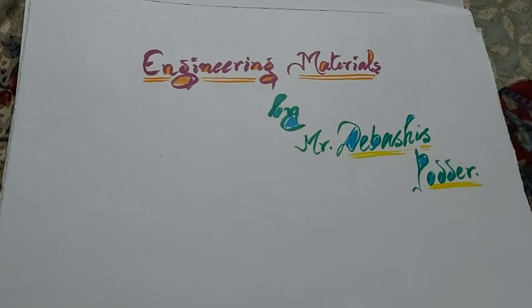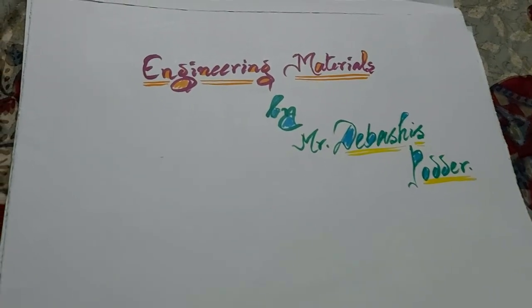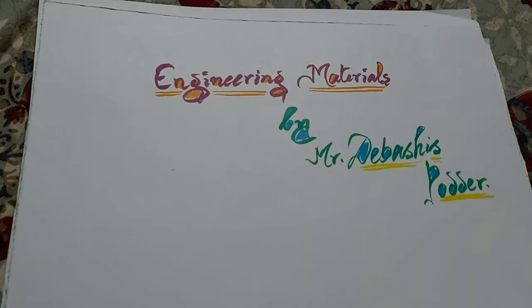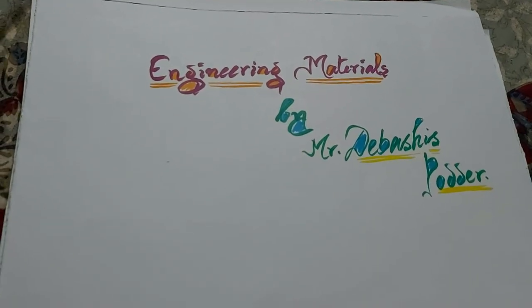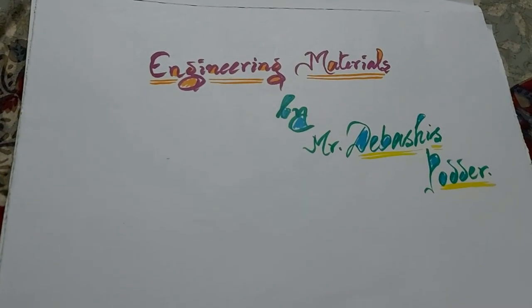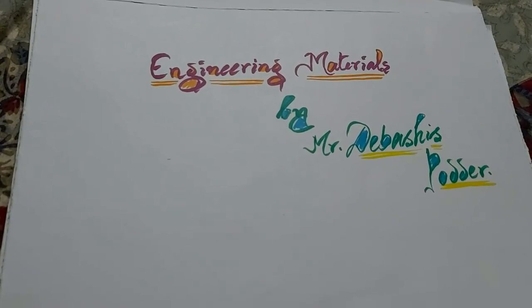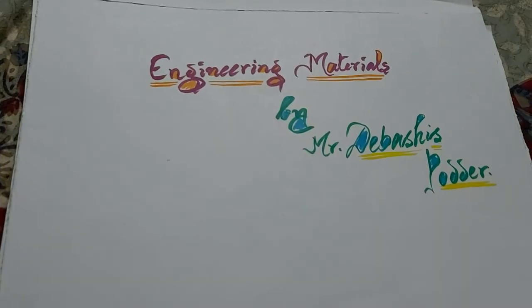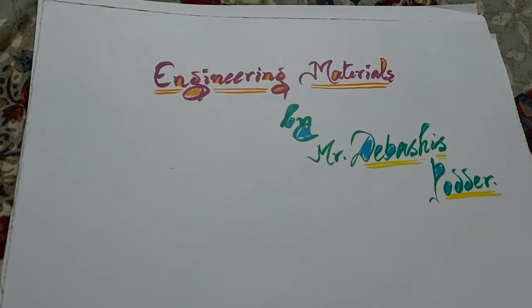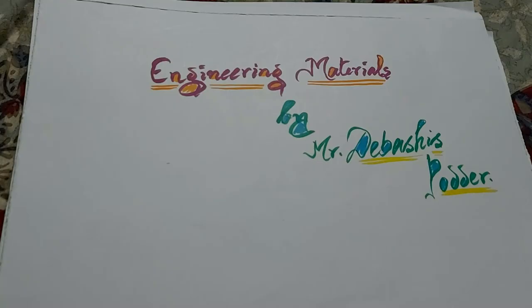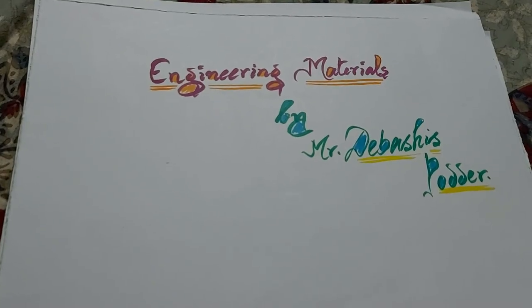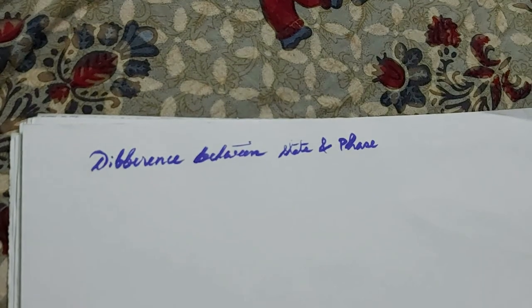So actually, I think I have to tell about the difference between phase of matter and state of matter in this regard. Then your knowledge in this regard will be clarified.